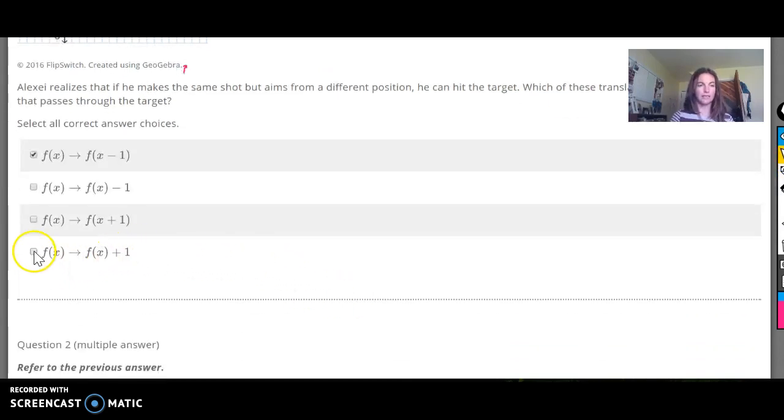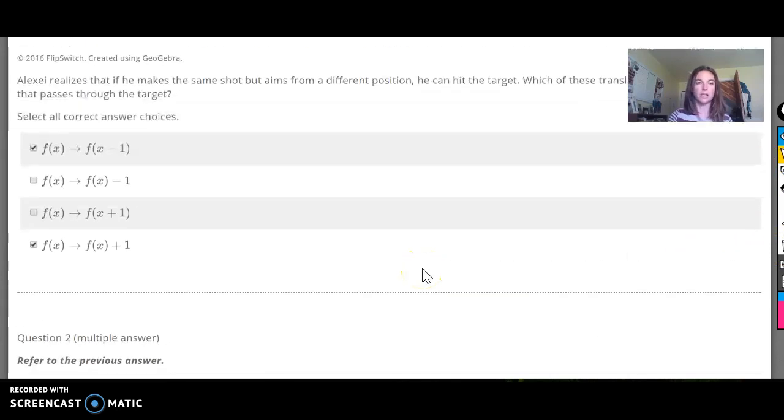Those are the 2 different ways we can do this. If it was the entire function minus 1, that would move us down. And if we took our x value and added 1, that would move us to the left. These are both the wrong direction from where we want to go. Okay, let's keep going here. Lots of problems, not much time.